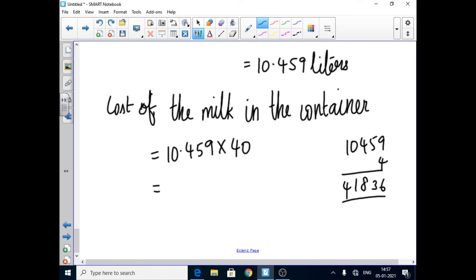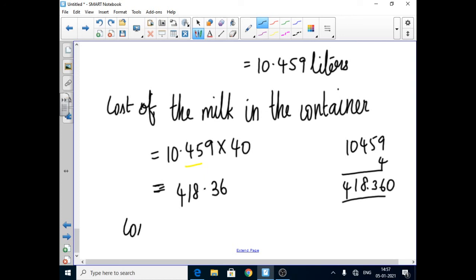So here the point also comes after 3 digits, so here also we should put the point after 3 digits. So 418.36.